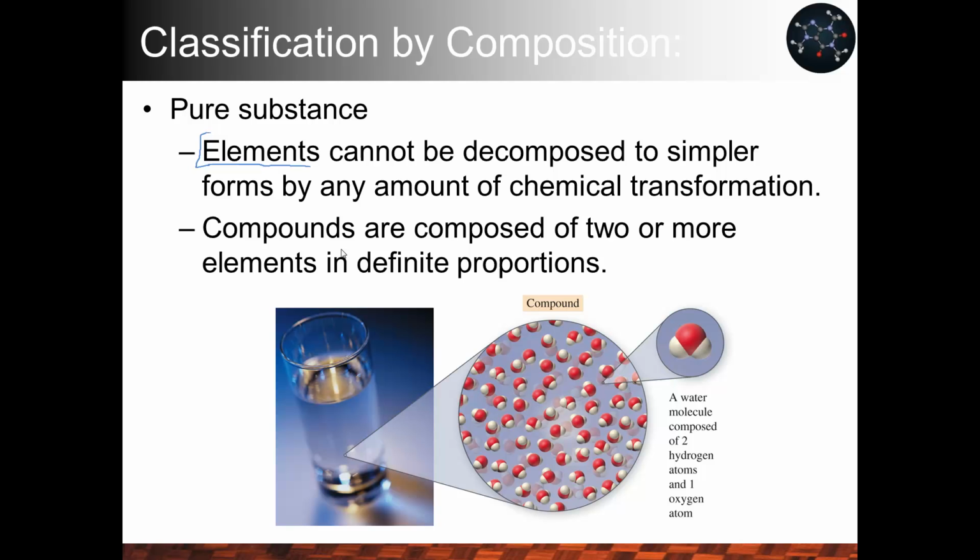What are examples of elements? Well, just open up your periodic table at the front of the book. Every one of those substances on the periodic table is an element. Something that can't be really broken down into smaller pieces that still have that same set of properties.